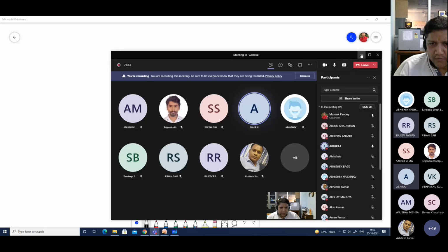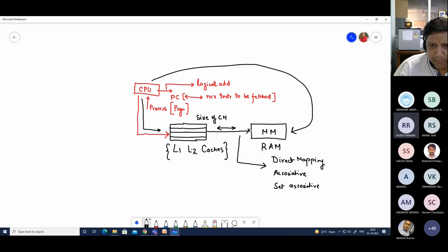So which portion of main memory, which block of main memory is going to be mapped to which block of cache. These are the three techniques: direct mapping, associative, and set associative. Got the point? So you have to know all these things. This is important.